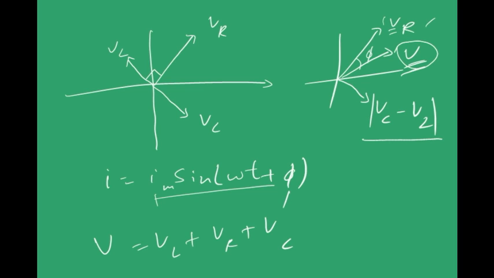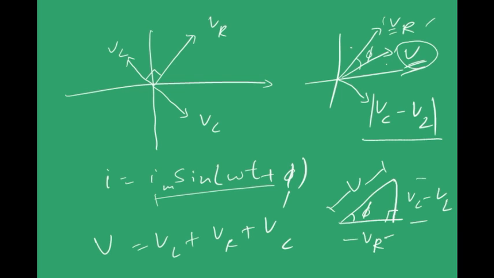So I can write the right angle triangle here as this one. This is the right angle triangle where this will be my V, this is my VC minus VL, and this is my VR. Got it? I wrote the same right angle triangle, and the angle between V and VR is phi. So this will be phi.